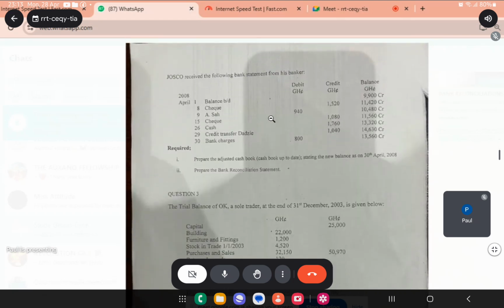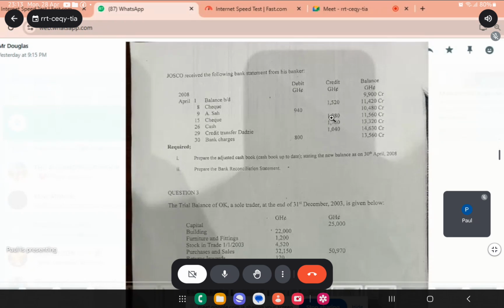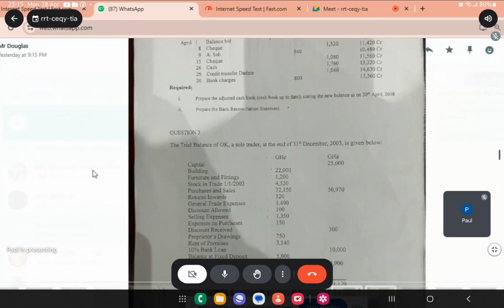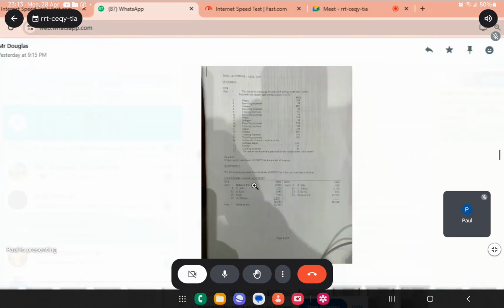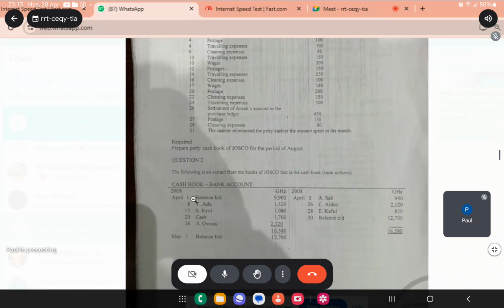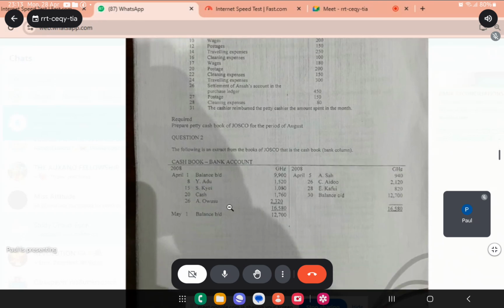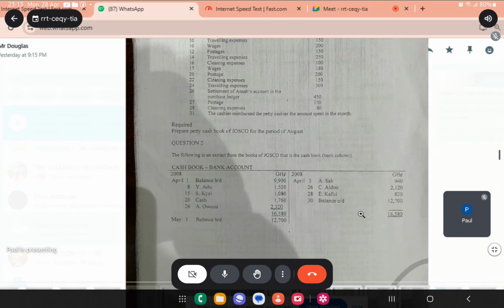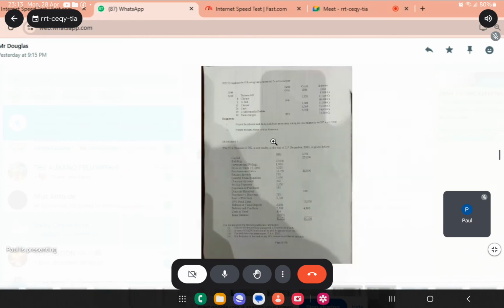So let's check another one. 15th, check 1,080. So when we go to the debit side, we should see that 15th transaction. 1,080. It was a check from SG, which is a customer. 1,080. We can see it. So since we've seen it, we don't do anything to it.